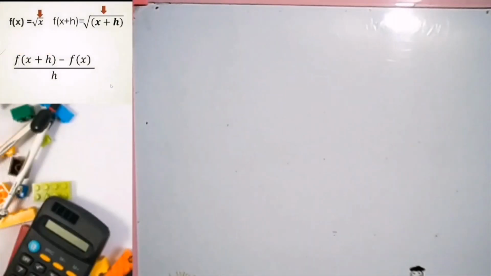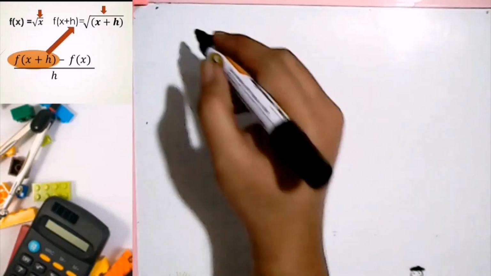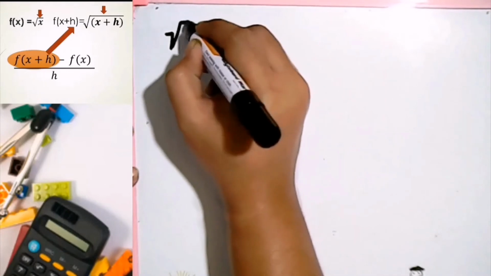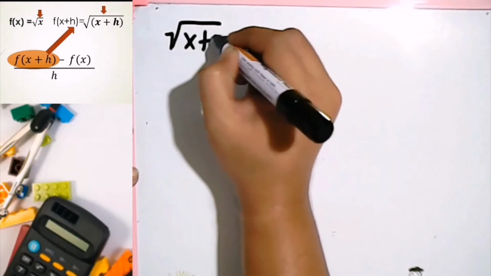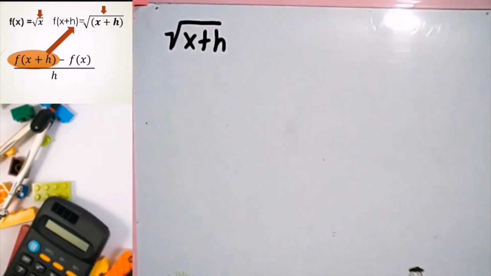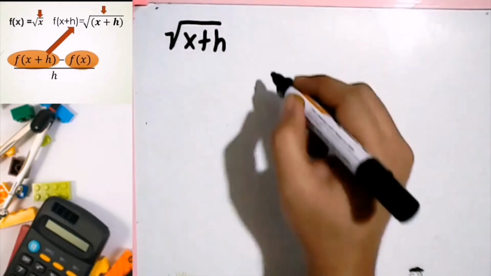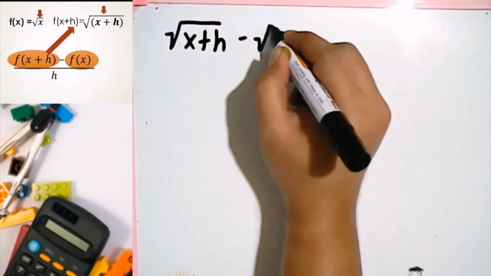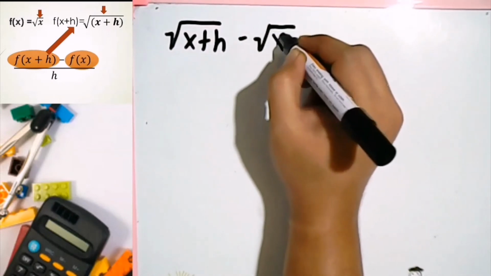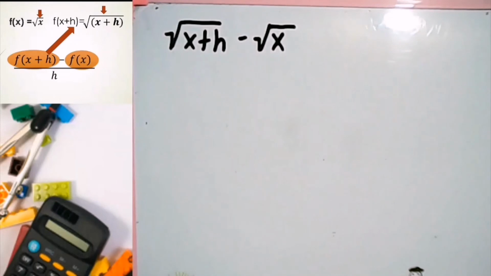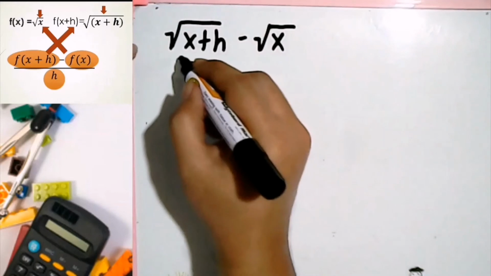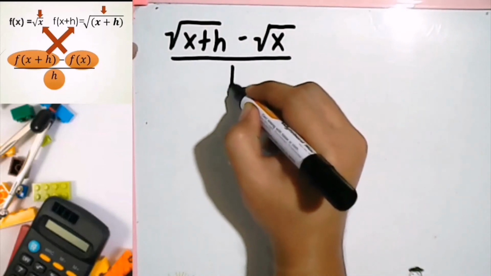The first is the f of x plus h, which is equals to square root of x plus h. And then we subtract it by square root of x. After we subtract it to f of x, we need to divide it by h.